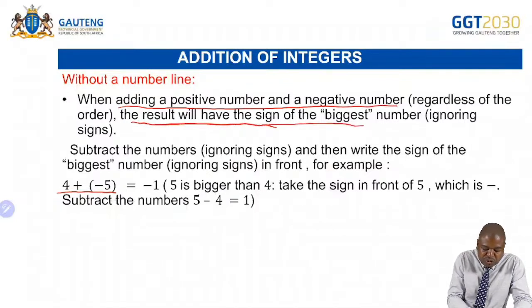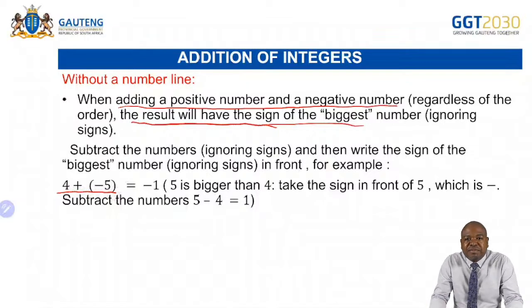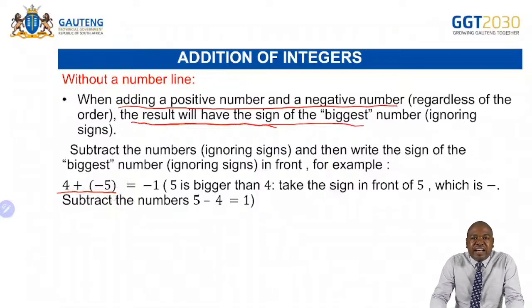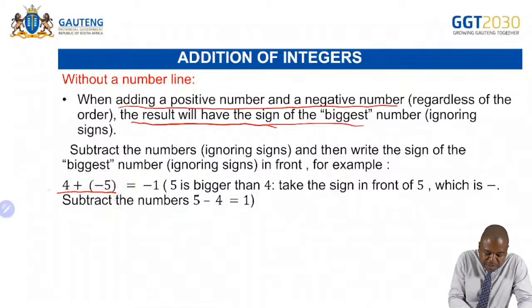So if we've got 4 plus negative 5, you ignore the signs, then subtract the numbers, and then your answer will have the sign of the bigger number, ignoring the signs.